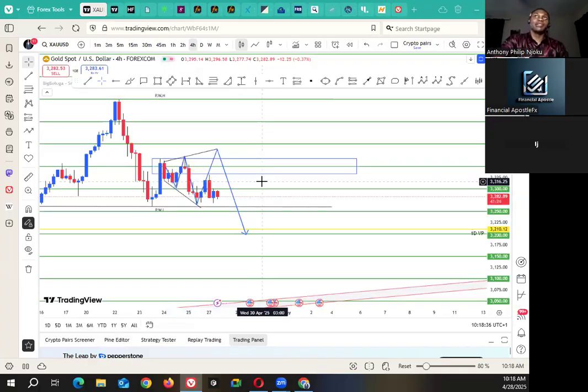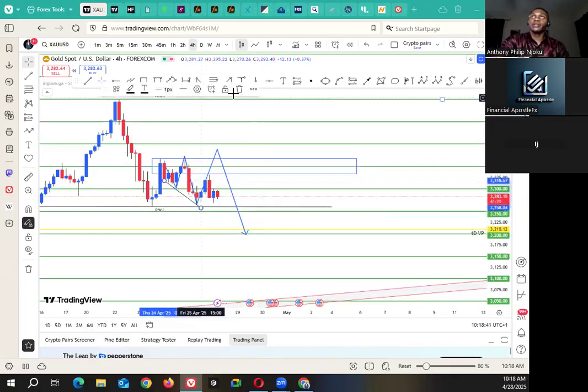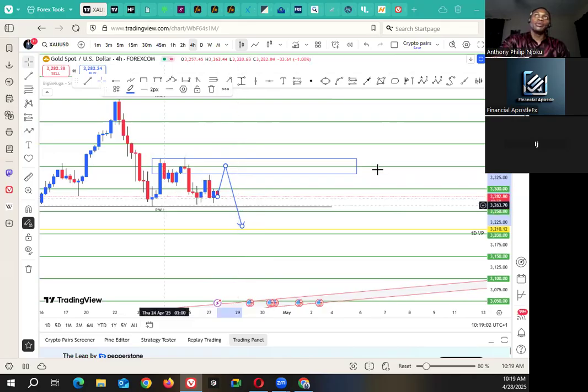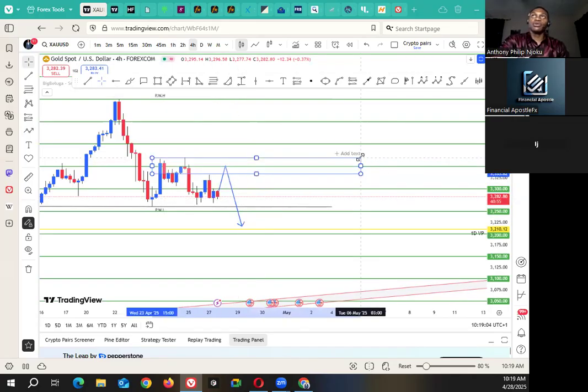This is the move for the expanding wedge. So that's why I see gold from this level where it is coming towards this level to fill and then drop. It could go deeper than this, but I see it minimum at this psychological level of 3,350 to drop, because I see that there's a lot of rejections playing out here.